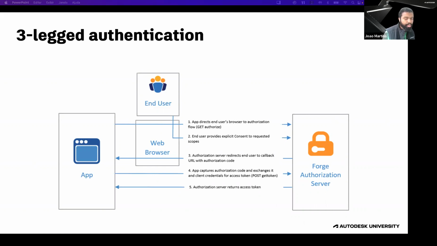As soon as this user logs in to our application, we are going to redirect this end user to consent to the requested scopes that we need on the Forge authorization servers. Inside there, the user is going to log in with his identity, his email, and his password. So this is entirely between the user and the Forge authorization server. The application doesn't have any access to it.